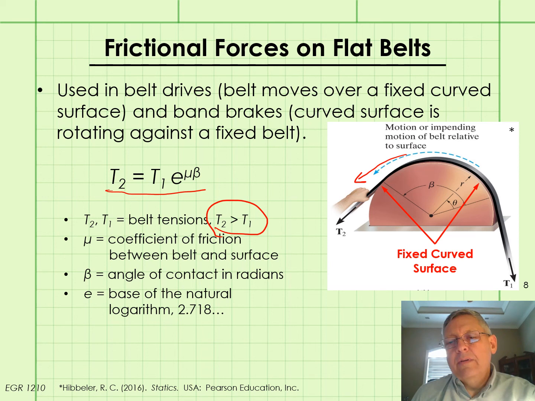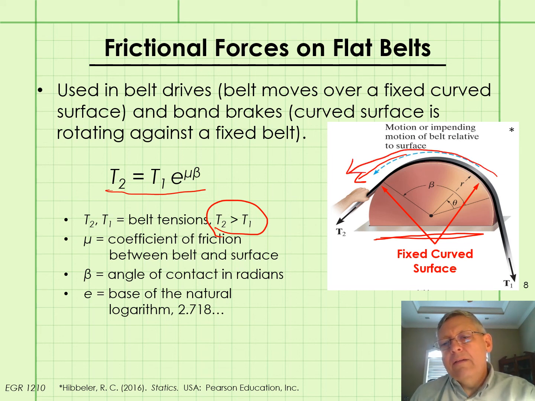So this curved surface here is fixed. It's not moving, and we're dragging this belt over the fixed curved surface, and there's friction between the belt and the curved surface, resulting in T sub 1 being less than T sub 2.